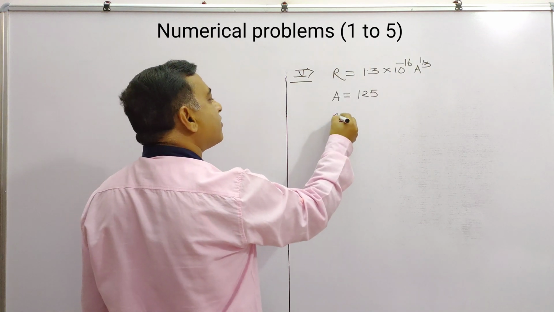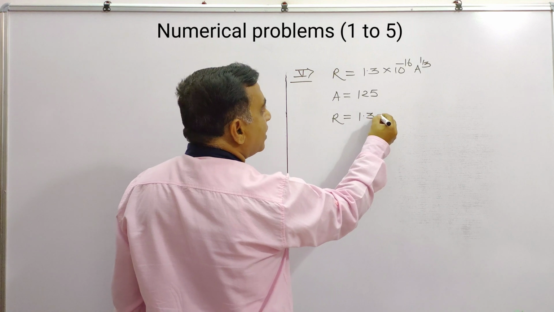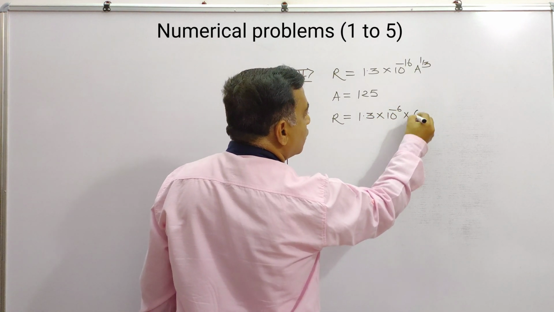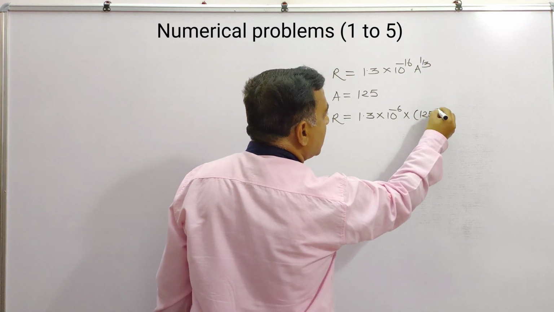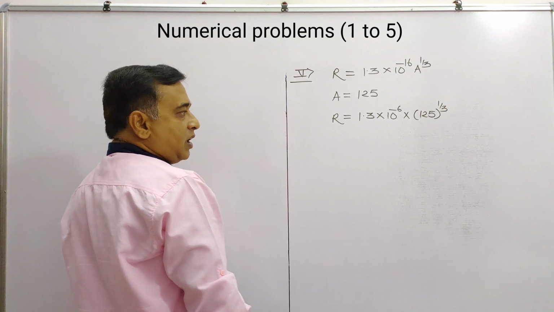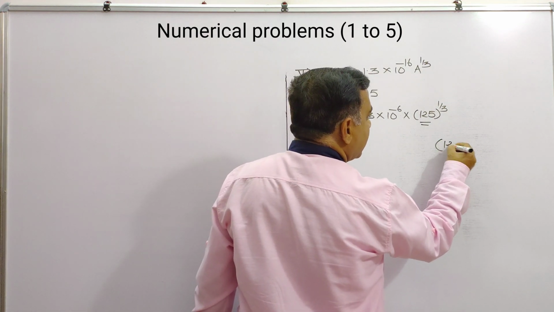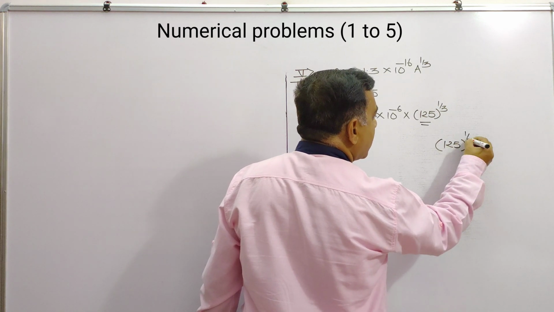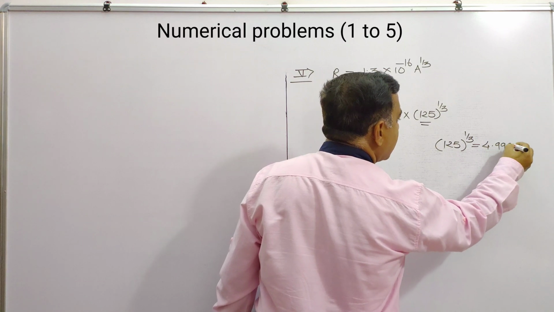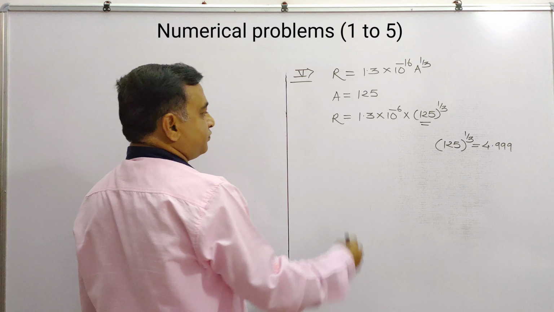Substituting that value in that equation, R is equal to 1.3 into 10 raised to power minus 16 into 125 raised to power 1 by 3. If we solve this, 125 raised to power 1 by 3 comes out to be 4.999, nearly equal to 5.